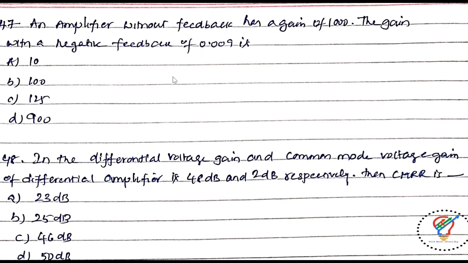An amplifier without feedback has a gain of 1000, and the gain with a negative feedback of 0.009. The gain with feedback is nothing but the gain without feedback divided by 1 plus A into beta. So A value is 1000 divided by 1 plus 1000 into 0.009. Multiplying 0.009 with 1000 gives 9, plus 1 is 10.